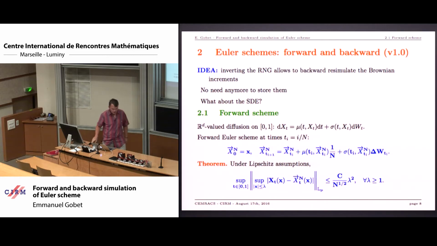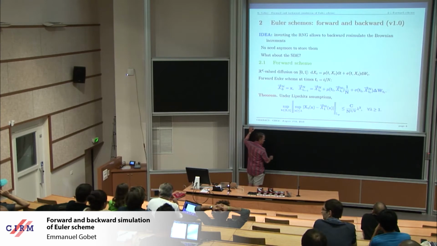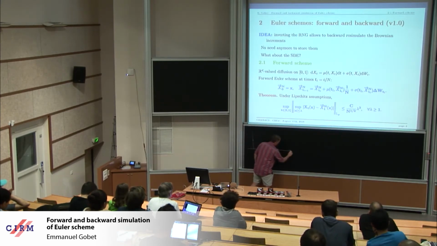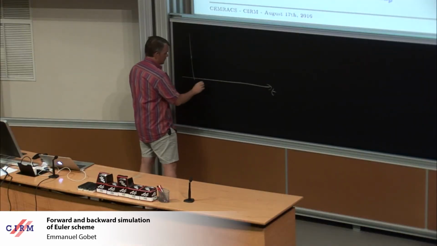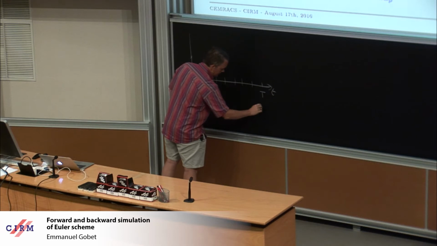Okay, so the trick now is, if you want to use this possibility of reverting the generator with a dynamic programming equation, what you will do is the following. When you simulate, this is time here, so you have many dates, and you start from the end, which was the index n.